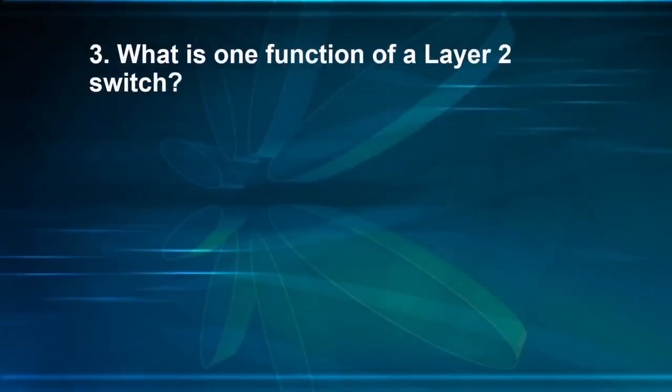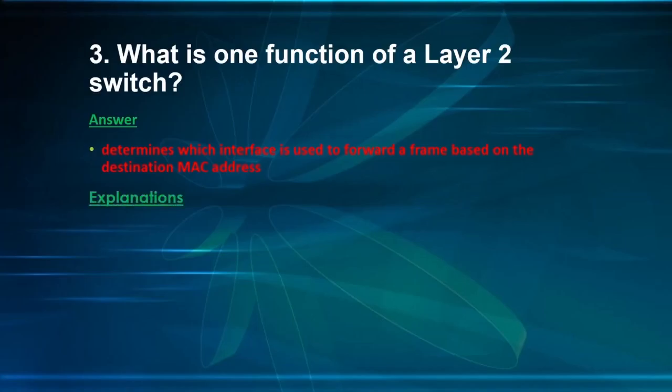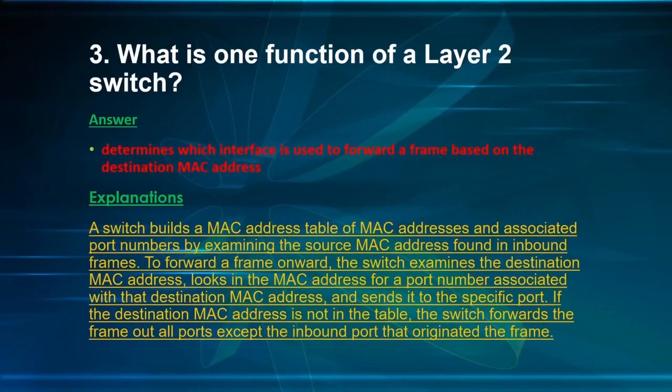On the third question, what is one function of a layer 2 switch? The answer is it determines which interface is used to forward a frame based on the destination MAC address. For the explanation, a switch builds a MAC address table of MAC addresses and associates port numbers by examining the source MAC address found in inbound frames.